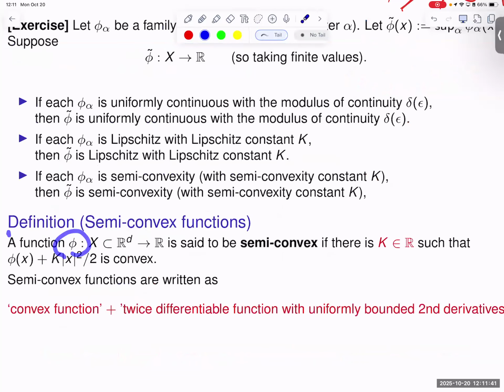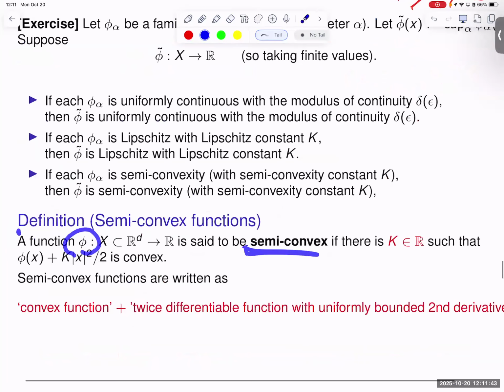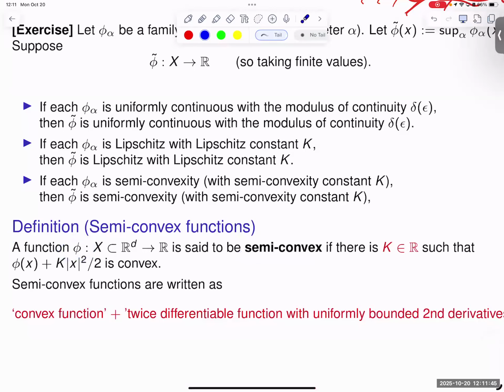A function is semi-convex if you can turn it into a convex function by just adding a quadratic function. Basically, semi-convex functions are nothing but convex functions plus some twice differentiable functions.